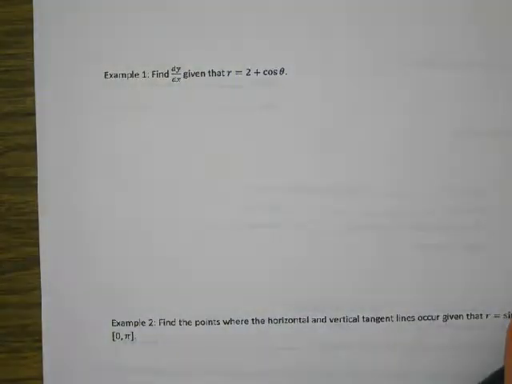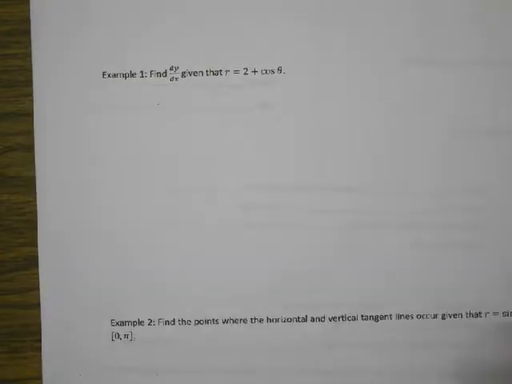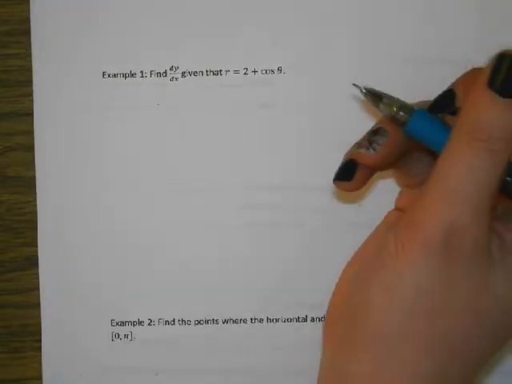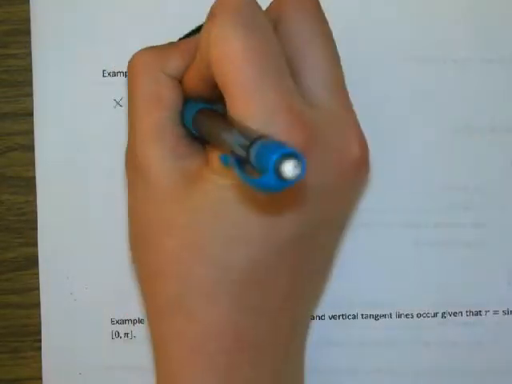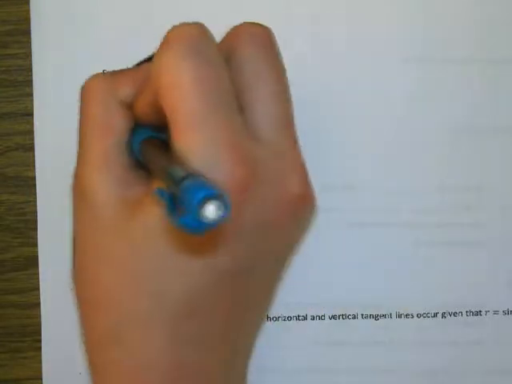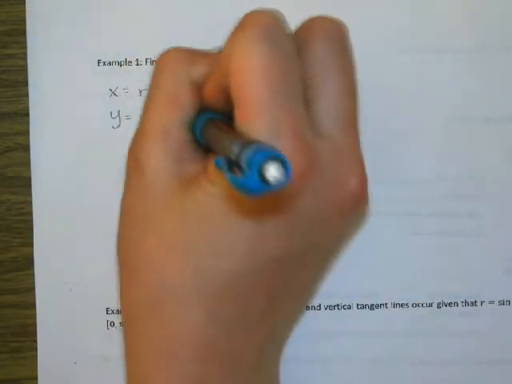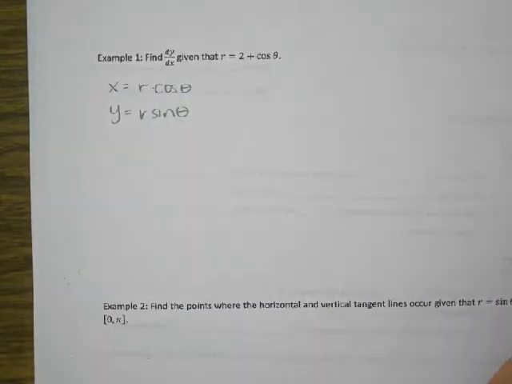So there's example 1. It says find dy/dx, and it gives you that your r is 2 cos theta. So that means that for us to write this as a parametric equation, we know that the formula for x is r times cos theta, and the formula for y is r times sine theta. So you have 2 options for doing these problems.